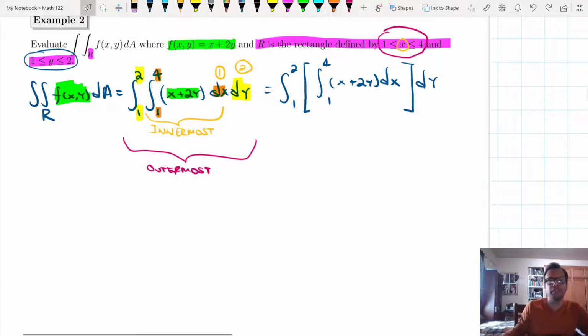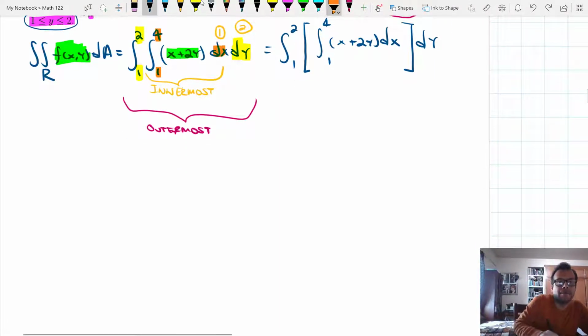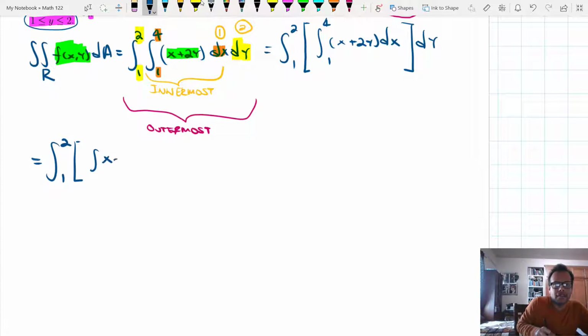This is the same as the integral from 1 to 2 of the integral of x dx from 1 to 4, plus the integral of 2y dx from 1 to 4, dy.